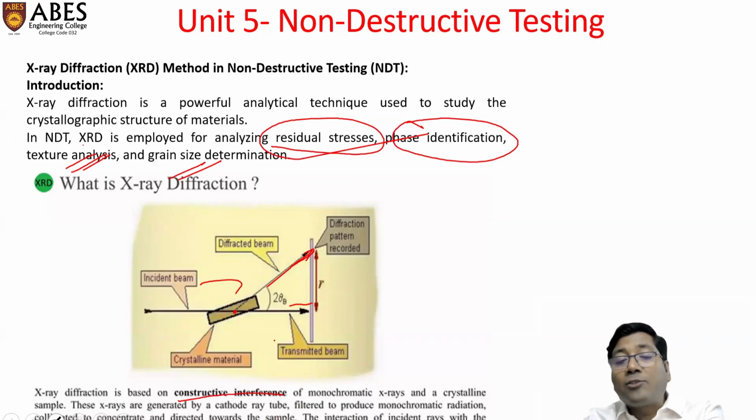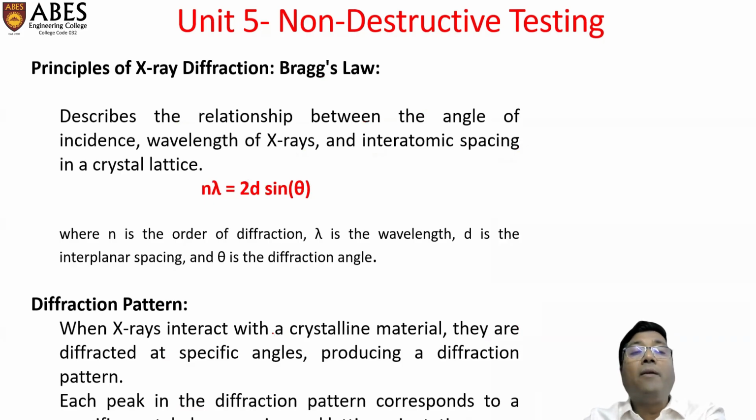So when the conditions satisfy Bragg's law, the constructive interference happens and the diffracted beam gets recorded. The principle of X-ray diffraction is based on Bragg's law, which describes the relationship between the angle of incidence, wavelength of X-rays, and interatomic spacing in a crystal lattice.